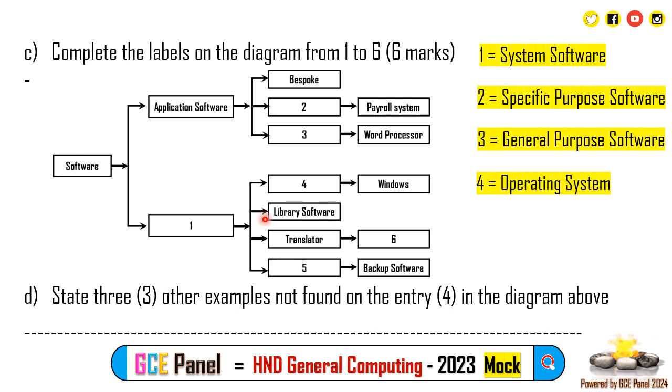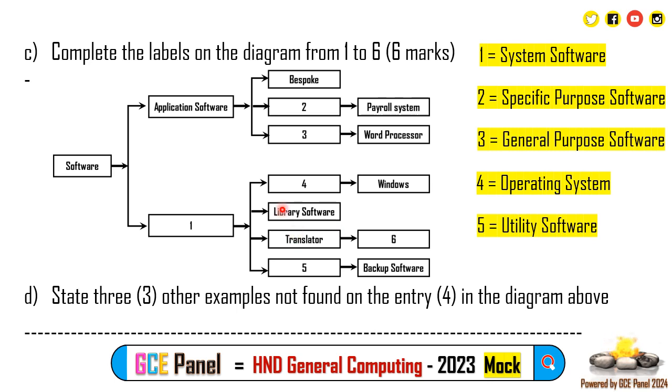And then for translators, they want us to give an example. This is supposed to be number 6. For number 6, we will have interpreters and so on.